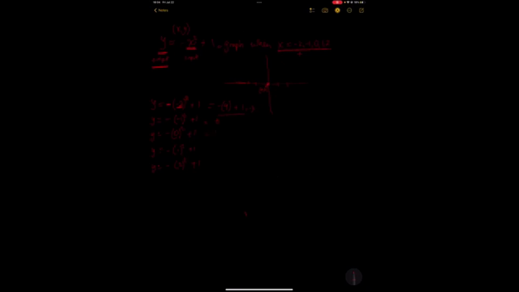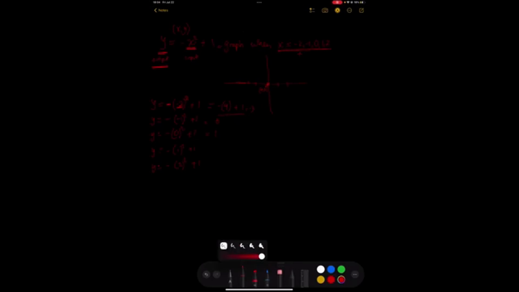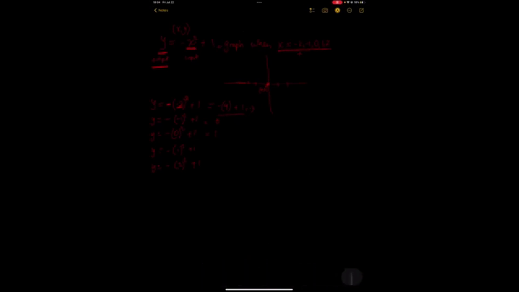So 1 squared is 1. Negative times 1 is negative 1. And so that will be equal to 0. And 2 squared is equal to 4. Negative 4 plus 1 is equal to negative 3.